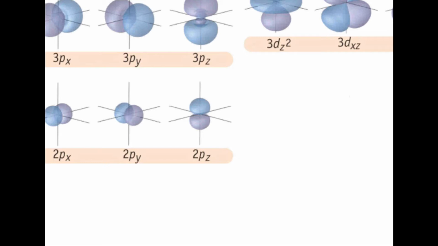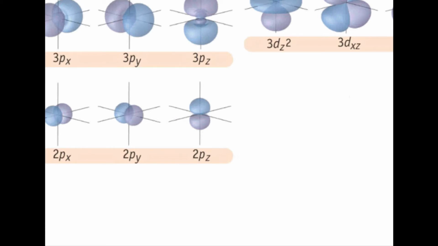There is what is called a node directly between these two colors. In other words, this map, if you will, this map of three-dimensional space where we're asking ourselves where we are likely to find this electron, actually has a surface of 0 probability separating each of these lobes.